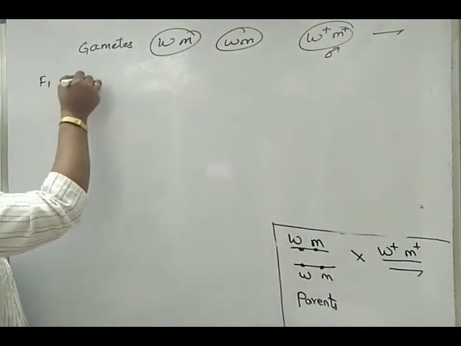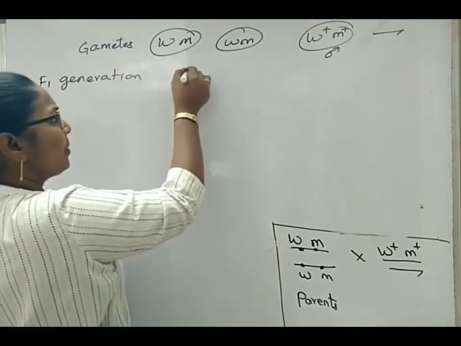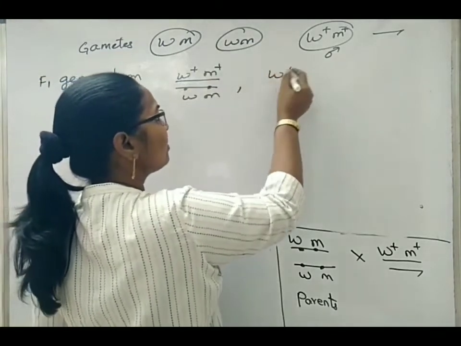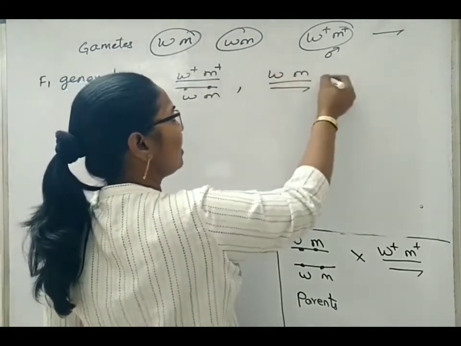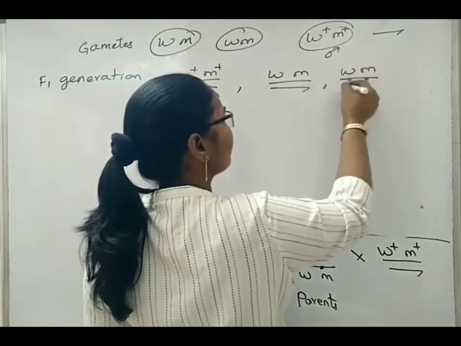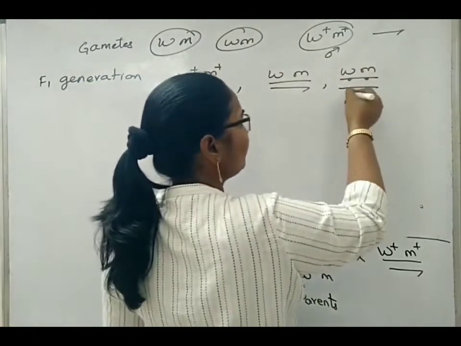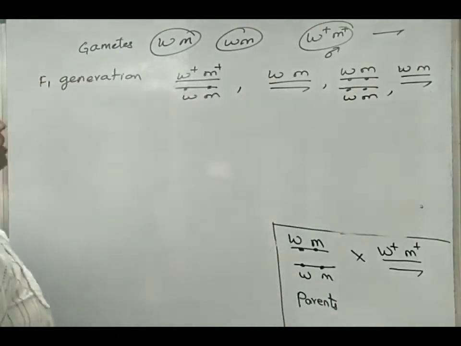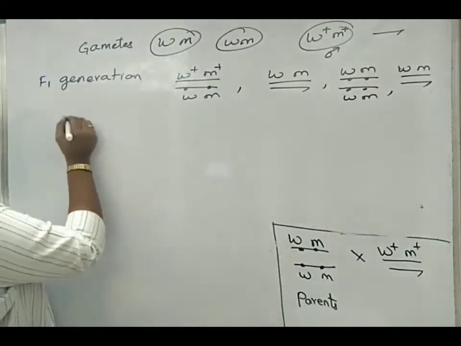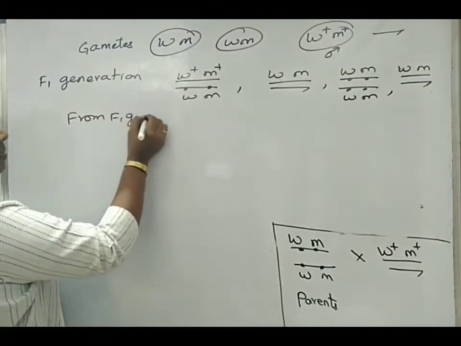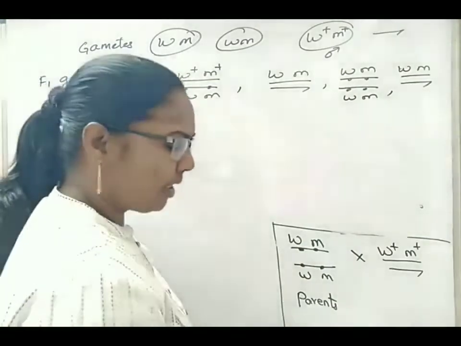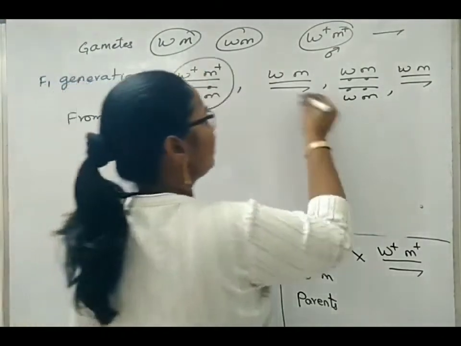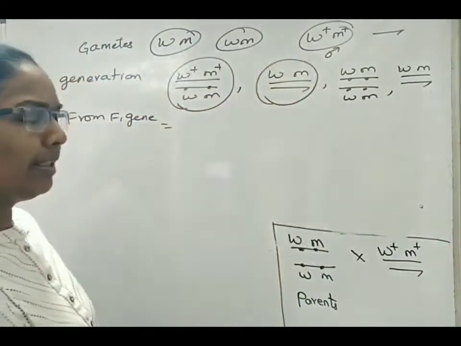In the F1 generation, we will get the offsprings: one type, another type, third type, and fourth type. But from the F1 generation, the selected offsprings are a heterozygous female and also a purely recessive one. This one is selected and this one is selected from the F1 generation.